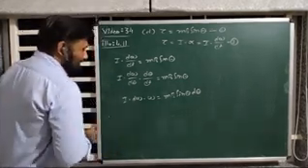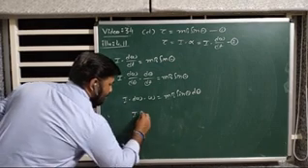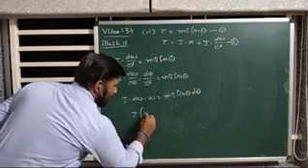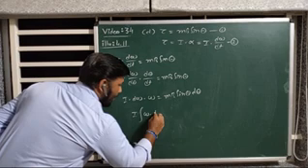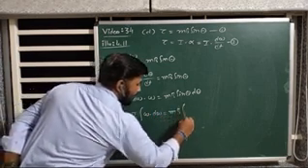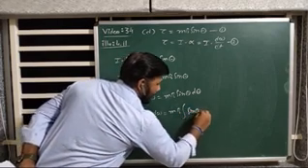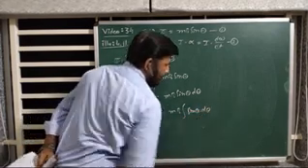Now let us take its integration. The I term is constant, so the integration of omega d omega is equal to m constant, B constant, integration of sine theta d theta.